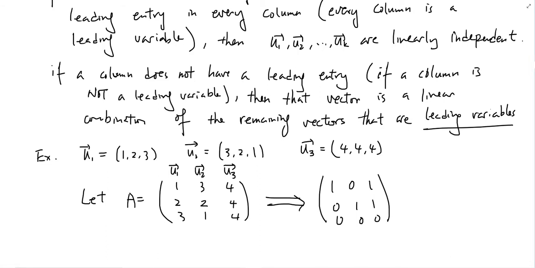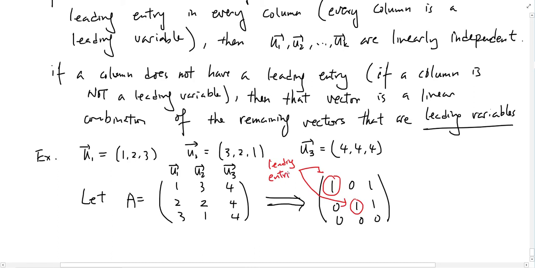Notice that in this matrix, there are two leading entries. Right here and right here. And these two leading entries reside on these two columns. That would be vector u1, vector u2. So those two vectors are good. Problem, third column.